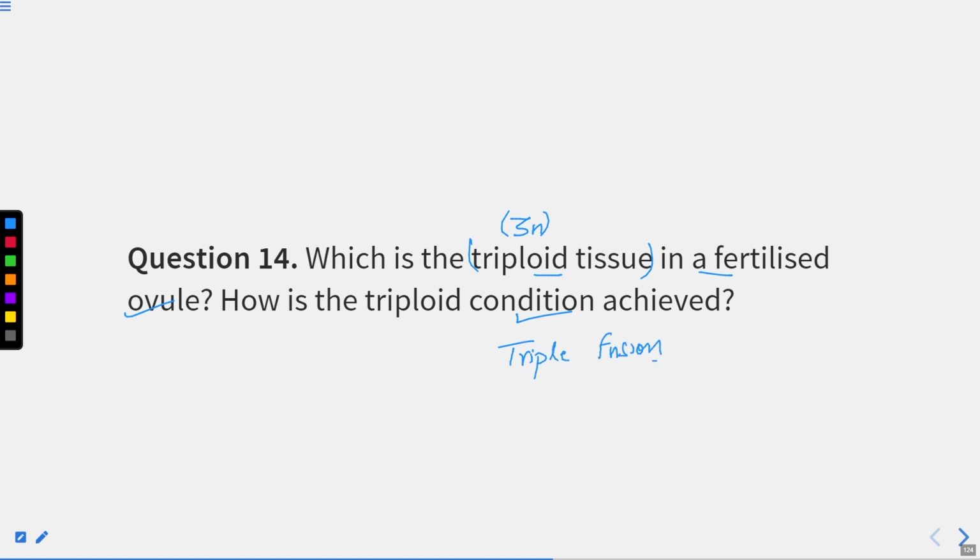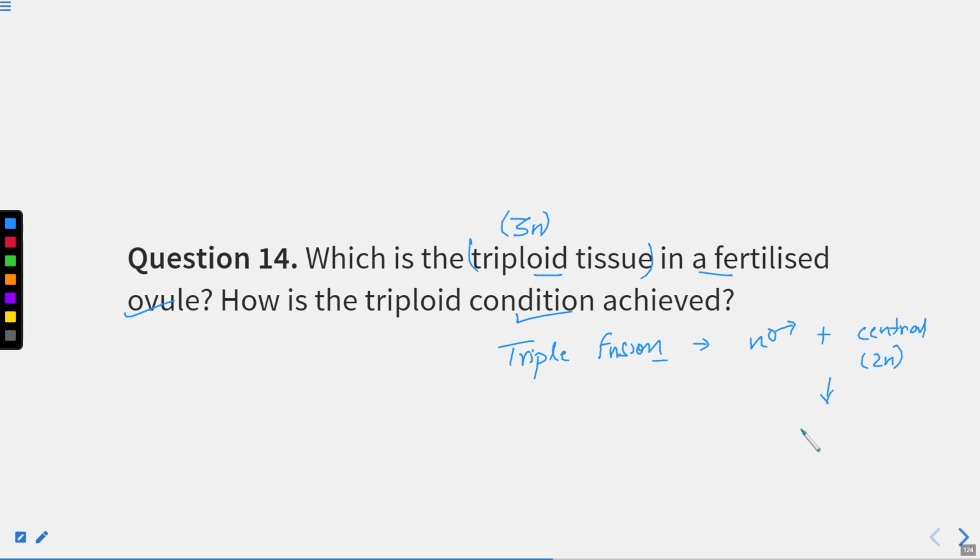What was triple fusion? When one of the male gametes fuses with the central cell, a triploid tissue is formed. The central cell is diploid because it is formed by the fusion of the 2 polar nuclei.